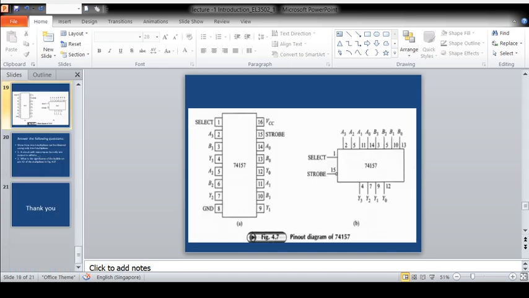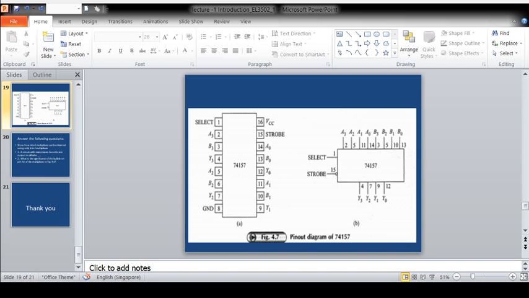The IC of the nibble multiplexer is available in TTL form, and that IC is 74157. Here, pin number 1 is the select input, and there are data nibbles A3, A2, A1, A0, or B3, B2, B1, B0, available on different pins.